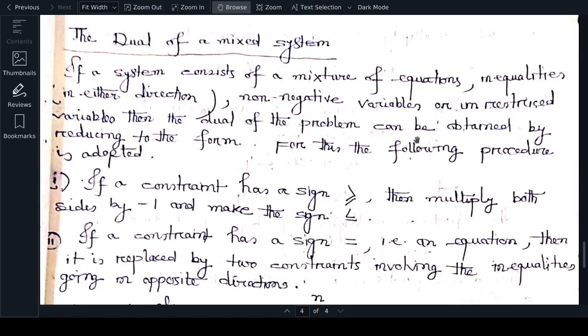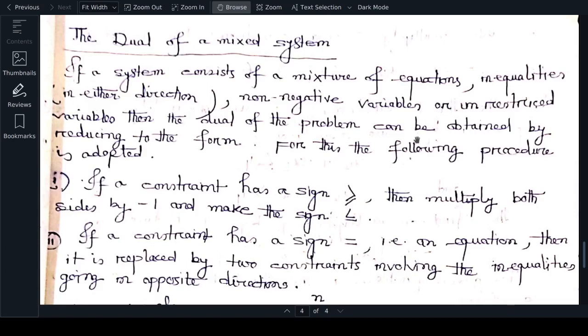Sometimes this happens in your question. Inequality means in your constraints, the first one is greater than or equal to, the second constraint is less than or equal to, the third one is, suppose, equal to. So how to solve this problem, how to find the dual?